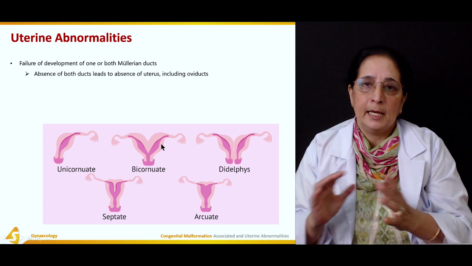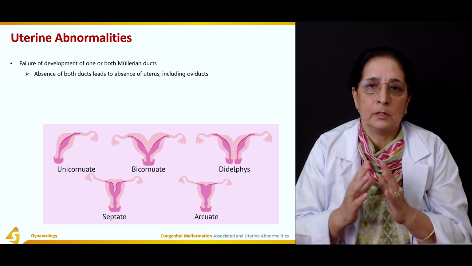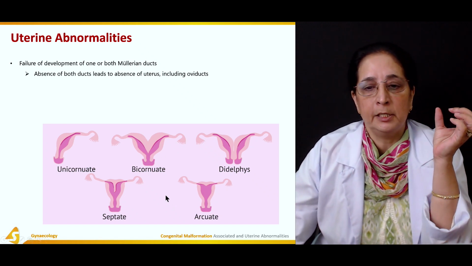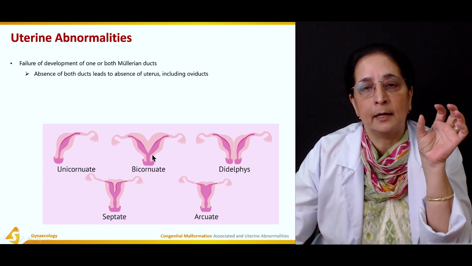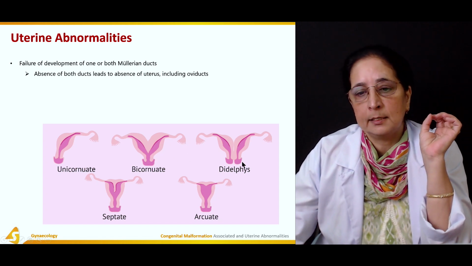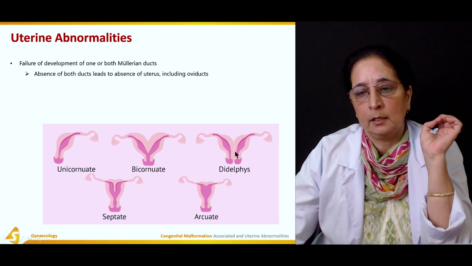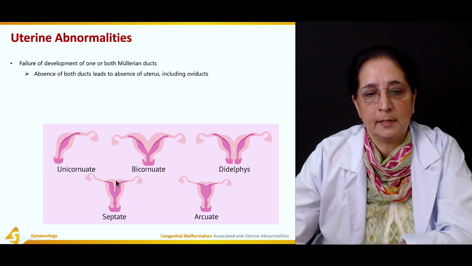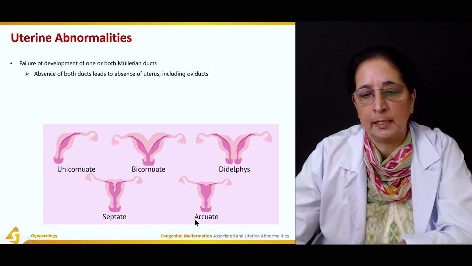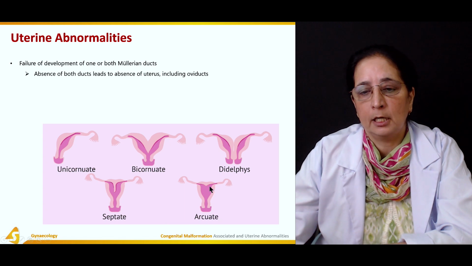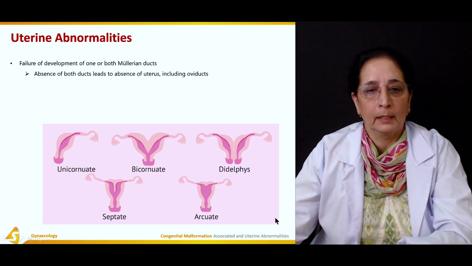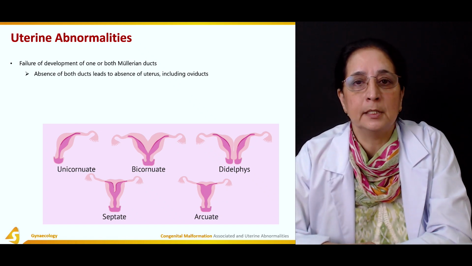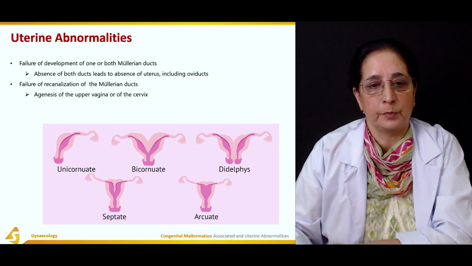Bicornuate uterus looks similar to didelphys uterus, but the difference is that in bicornuate the two cornua of the uterus are attached. In didelphys, they are two separate. And then we have septate uterus. There is a septum present in the uterus, and this is the arcuate uterus. So absence of both Mullerian ducts leads to the absence of uterus and fallopian tubes.